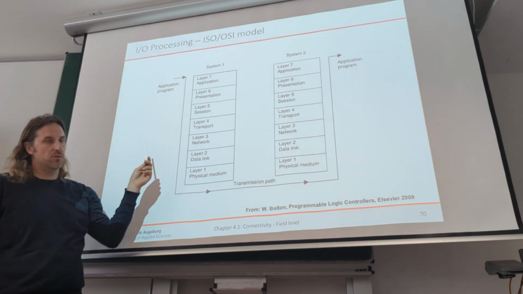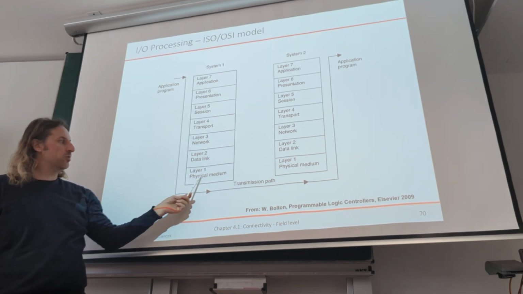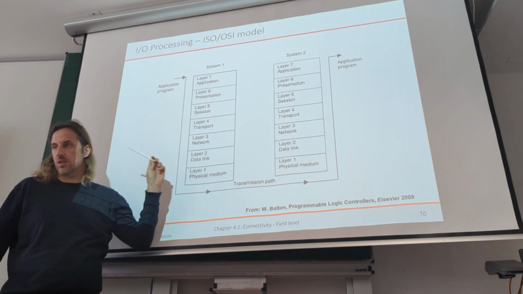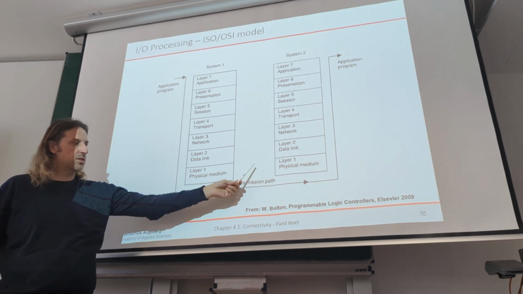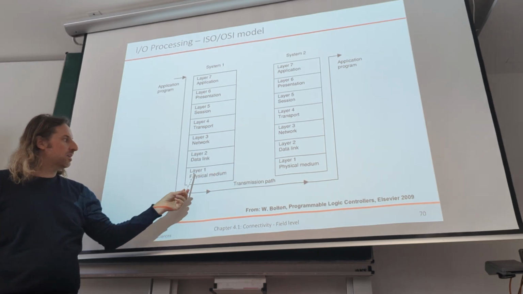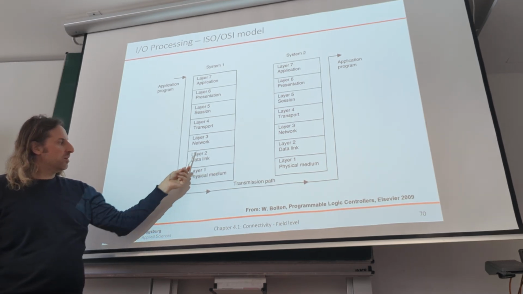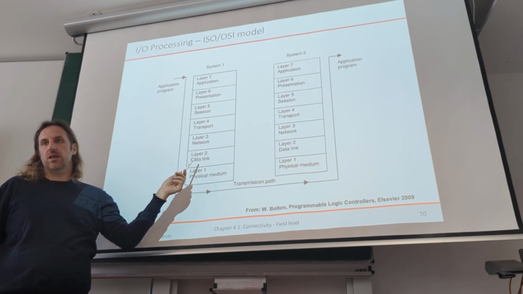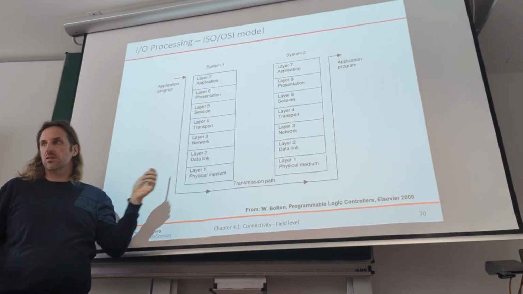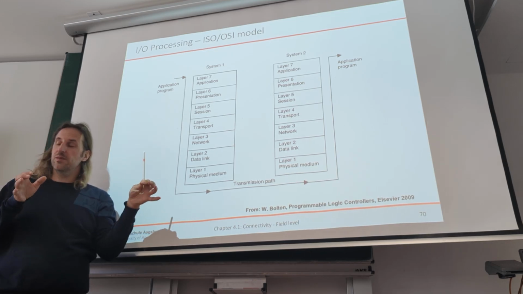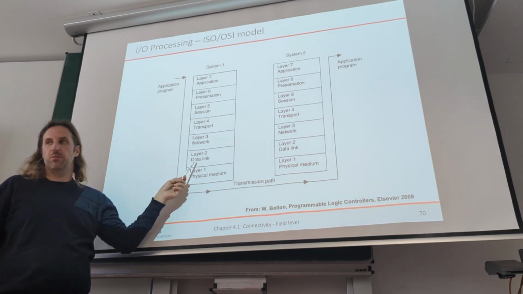When we start with the lower level, we have the physical medium, for example copper that exchanges 1 and 0 through voltage, or fiber that uses optical transmitting. Then we have the data link on top of it, which creates packages or frames of bits.